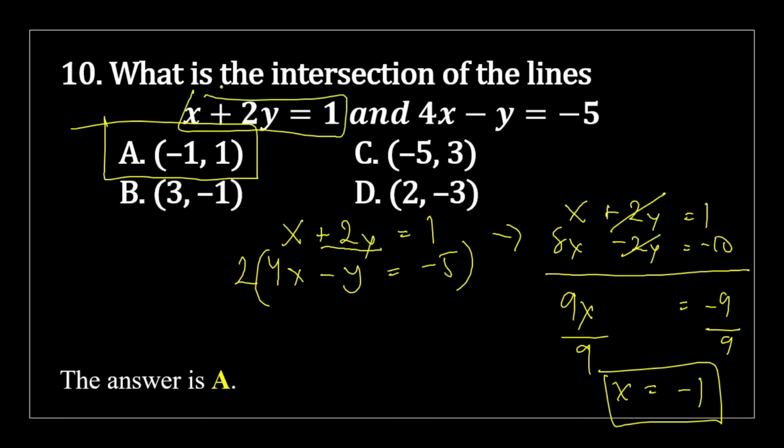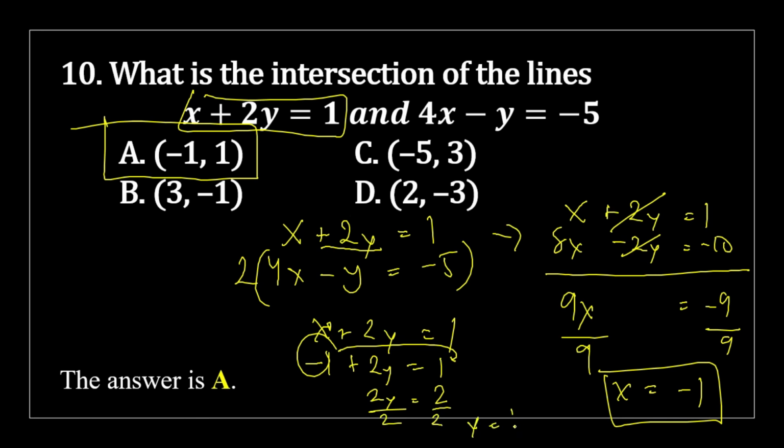I will choose x plus 2y is equal to 1. I'll just substitute negative 1 for x. That is negative 1 plus 2y is equal to 1. I will transpose 1 to the other side so that we have 2y is equal to 2. Divide both sides by 2. Then y is equal to 1. So the answer is letter A.